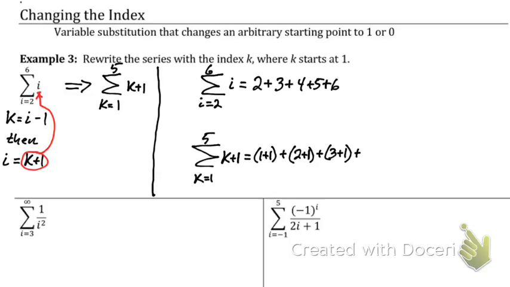Then 4, so we have 4 plus 1. And finally, 5, so I have 5 plus 1. Simplifying that, we'd have 2 plus 3 plus 4 plus 5 plus 6. It is the same exact equation. I just lowered my index by 1 value. That's just a check, and you should probably do at least a little bit of that.